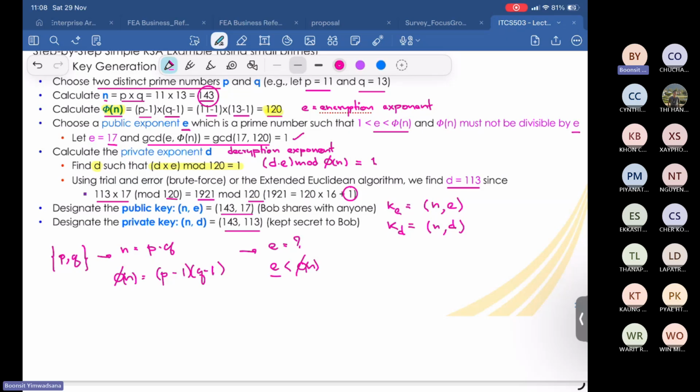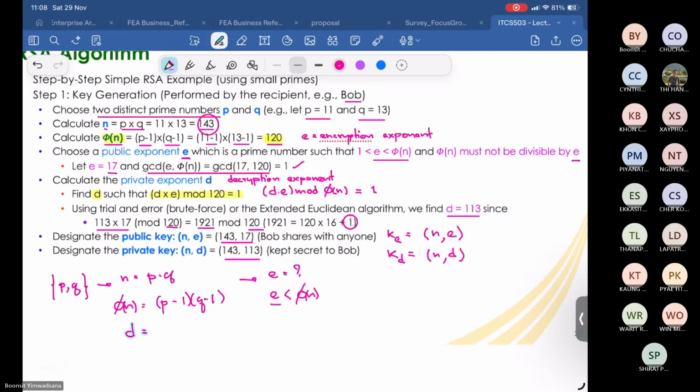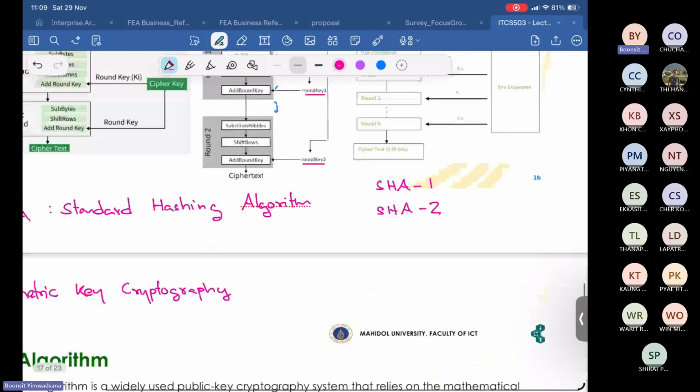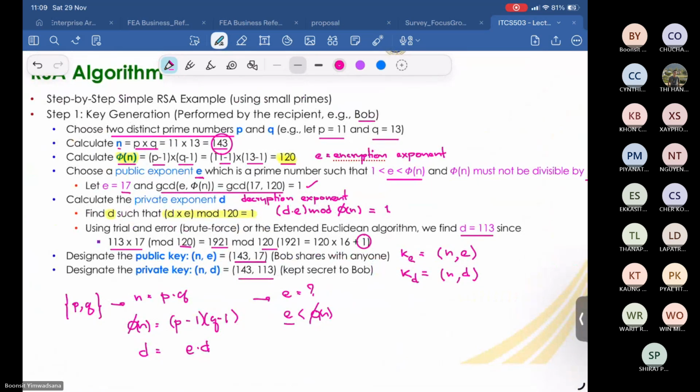Now, once we find E, then we find D. And D must be a value that will make E and D multiplied together, mod of phi of N, equal to what? E is known, N is known, so we can create this.